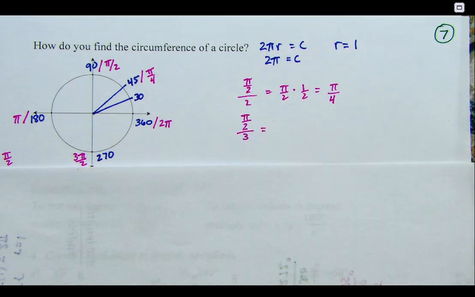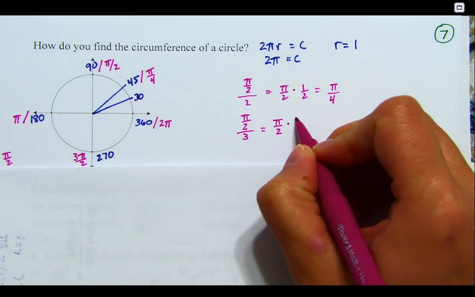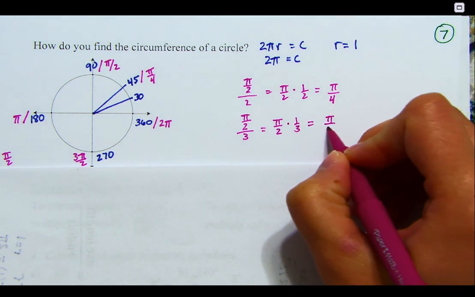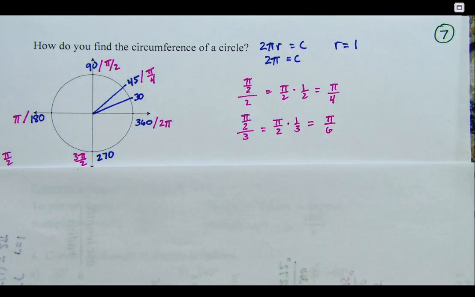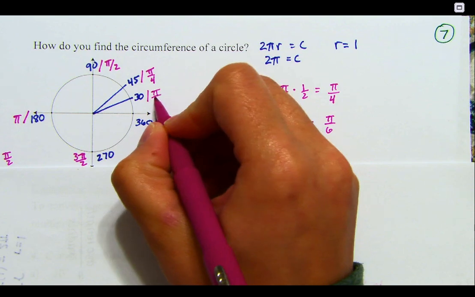Again, we don't divide, so instead of dividing by 3, we multiply by the reciprocal, 1/3. Then this would give me pi over 6. So for 30 degrees, the radian equivalent would be pi over 6.